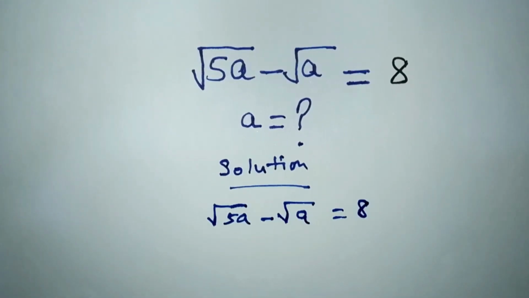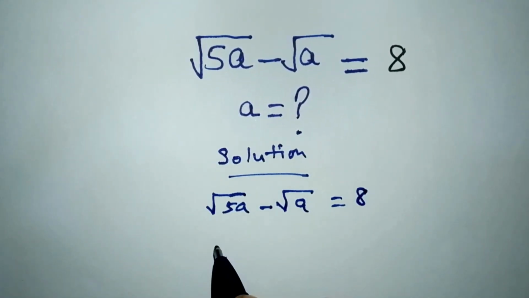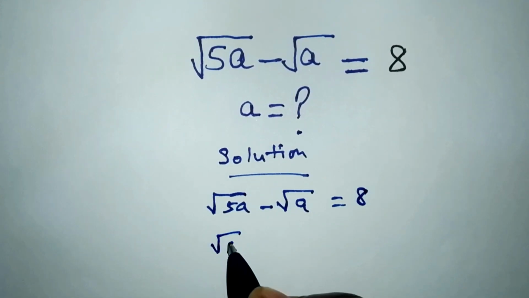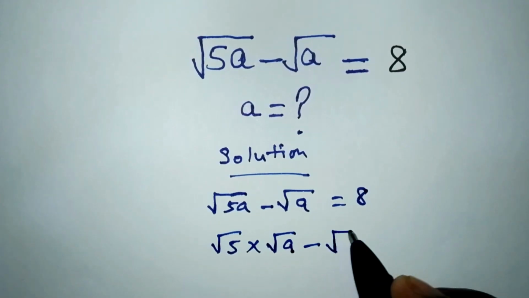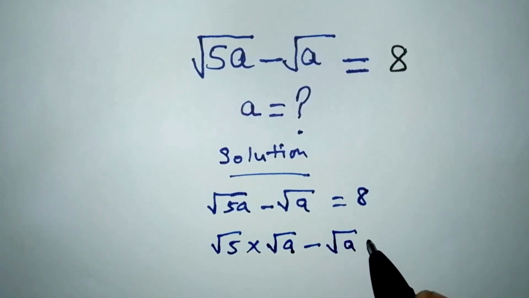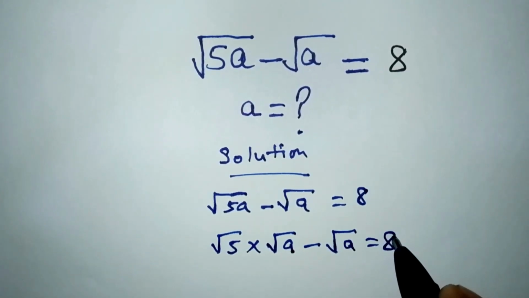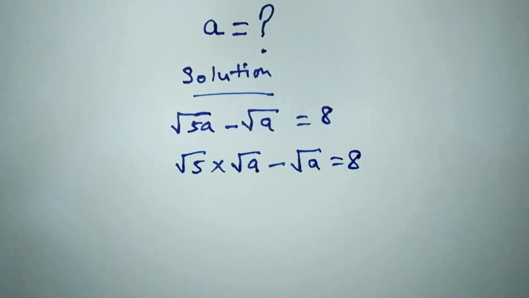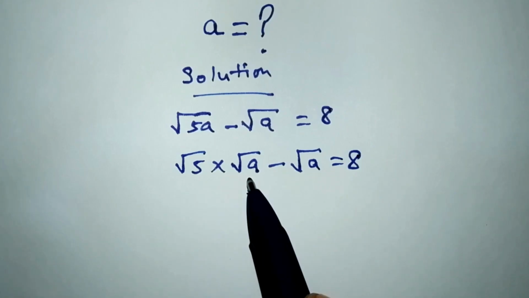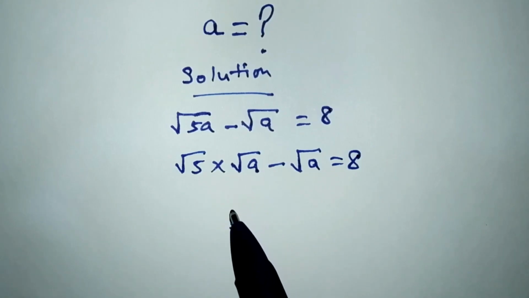We can express this as square root of 5 times square root of a minus square root of a equals 8. Since square root of a is common, you can say thus, square root of a here is a common factor.